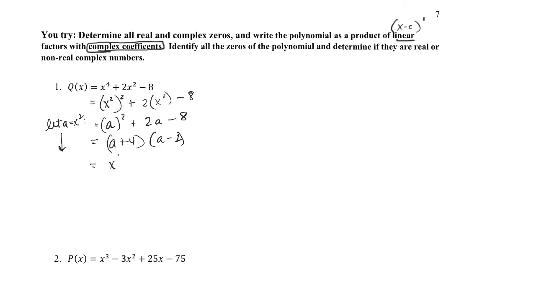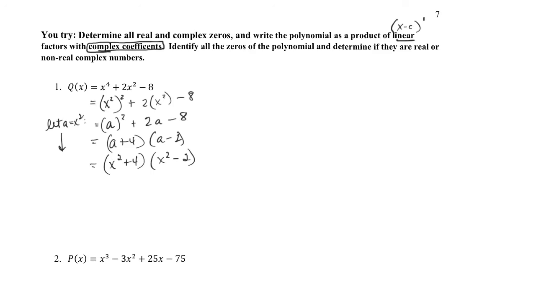And so what that means is that x squared plus 4 times x squared minus 2 are the factors of the original problem, x to the 4th plus 2x squared minus 8. I just used that a substitution just to make my life a little easier, to make things a little more obvious, okay?